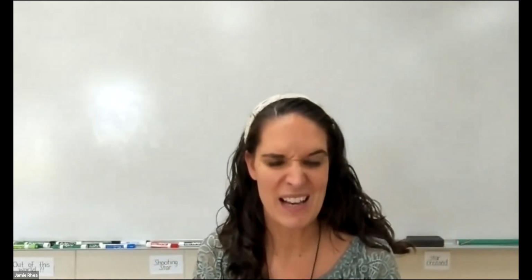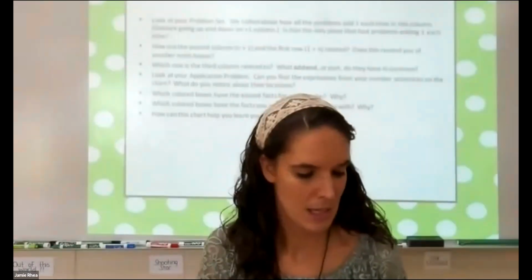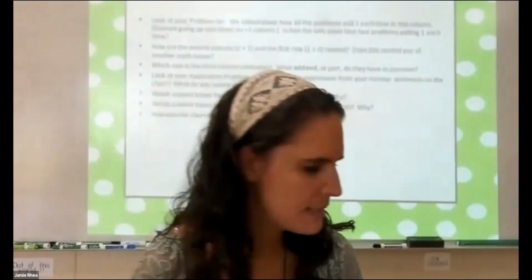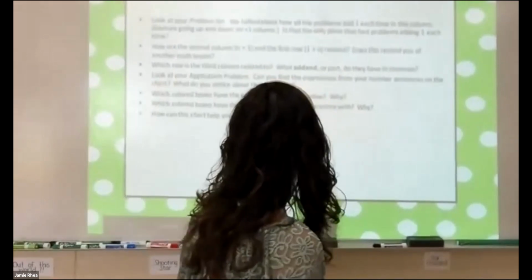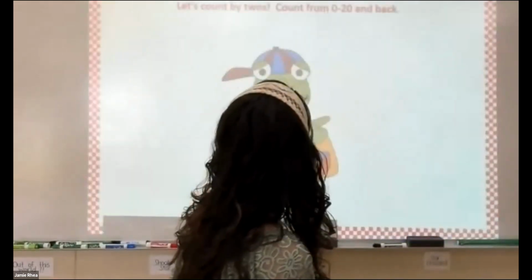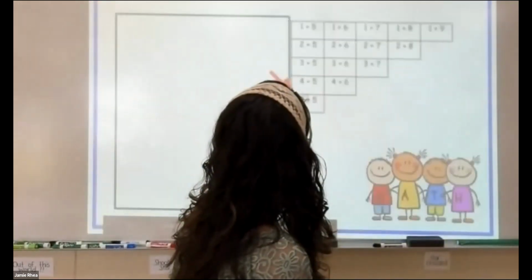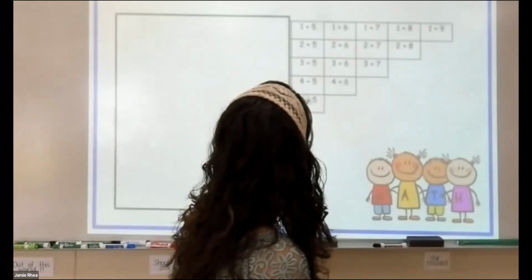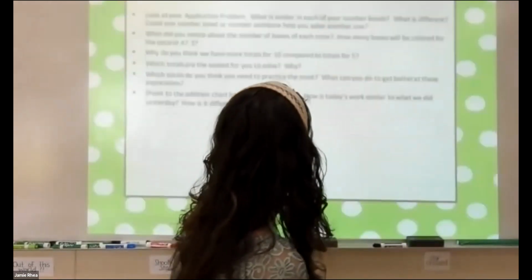I bet if I had one that was empty, we could probably find the missing number. So let's pull up my chart here. I'm going to go to the next slide. Oh, I went too far.